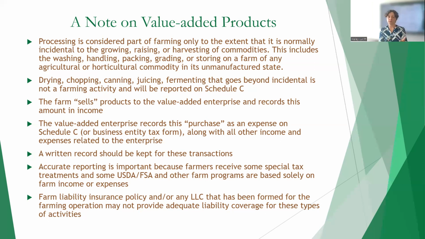USDA and NRCS is for farmers. So they require that you split that off and report it separately. I'm not going to go into the details of how, but just note that if you're doing value added.